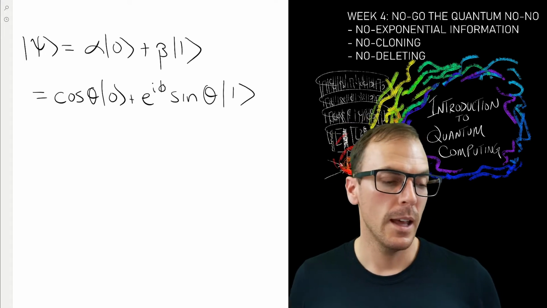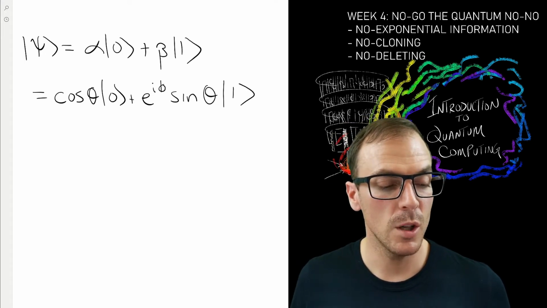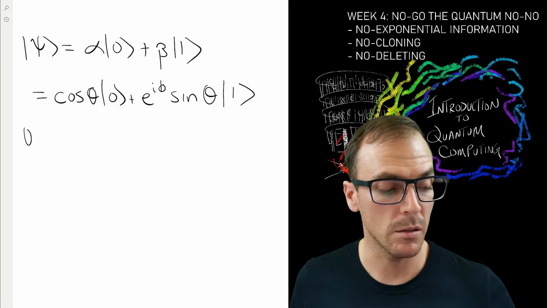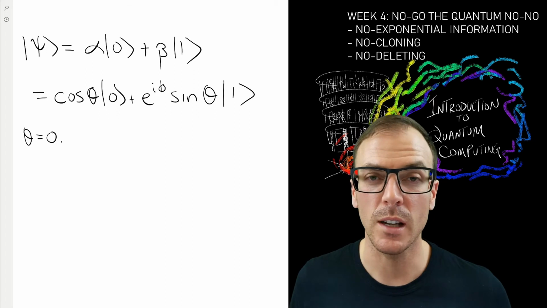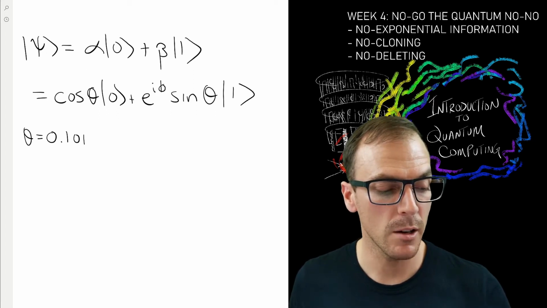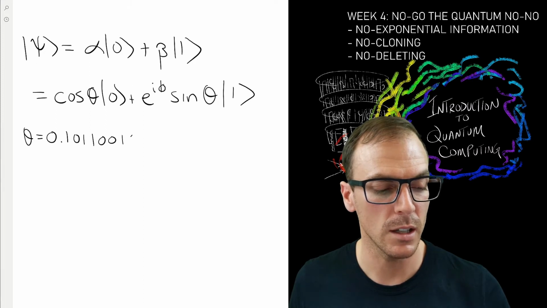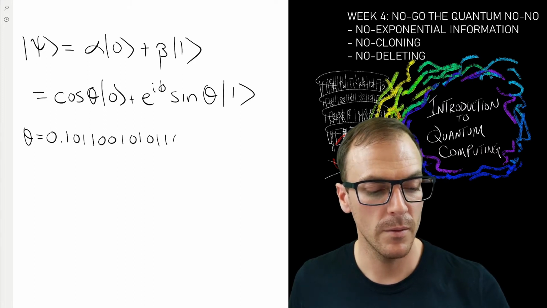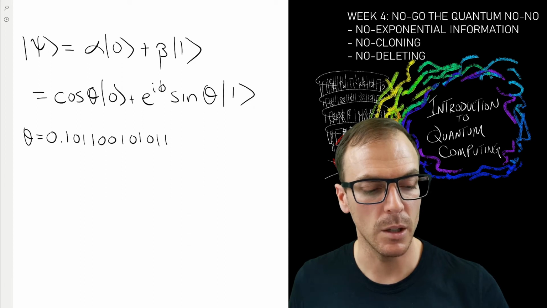Okay, and now you might say, well, let's take this angle for example, and let's take that random string and turn it into bits, and just let theta be the binary expansion of this random string. Yeah, that looks pretty random. What do you think?